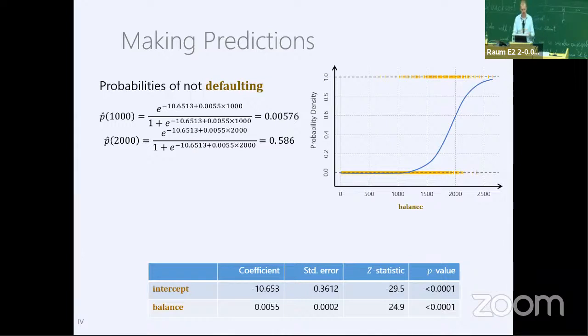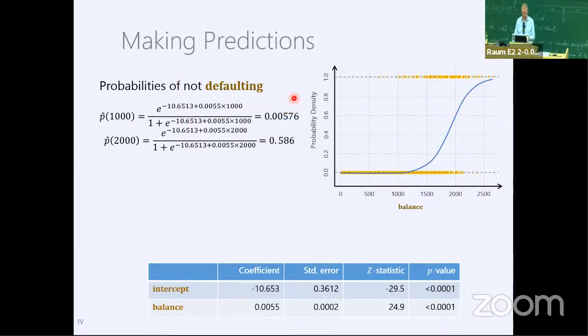So how does this look? If you have already borrowed €1,000, respectively 2,000, we just fill this out in the model that we fitted through this gradient descent method. I told you don't have to worry about it, we magically did it behind the scenes. So these are the coefficients: beta naught is minus 10.65 and so on, and beta 1 is 0.0055.